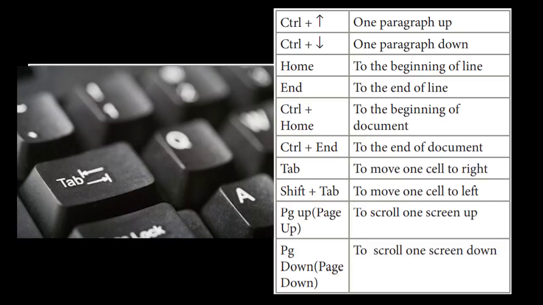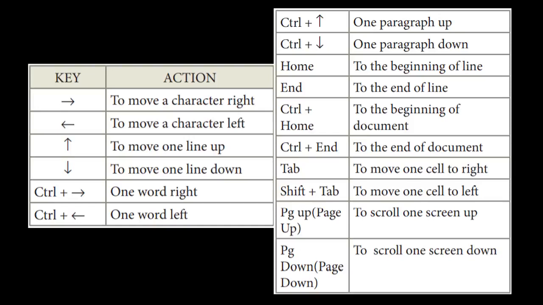For that you can use this tab key. Or else you can use the space bar to get a small space when you are typing a text document without a table. If you want 3 spaces together, you can just use the tab key, right? And if you want to move the cursor in a table to a cell on the left side, you can use shift plus tab key, right?